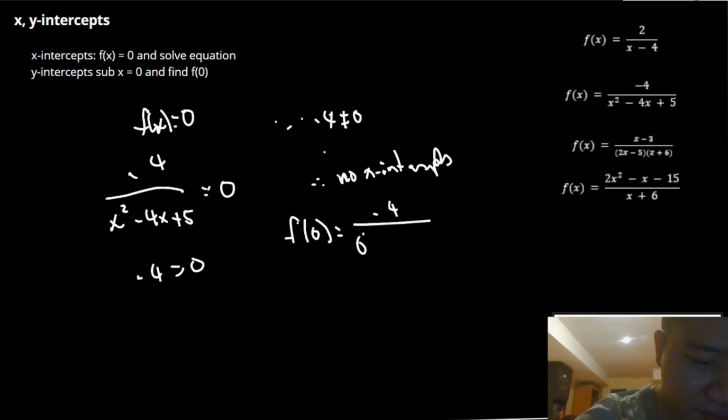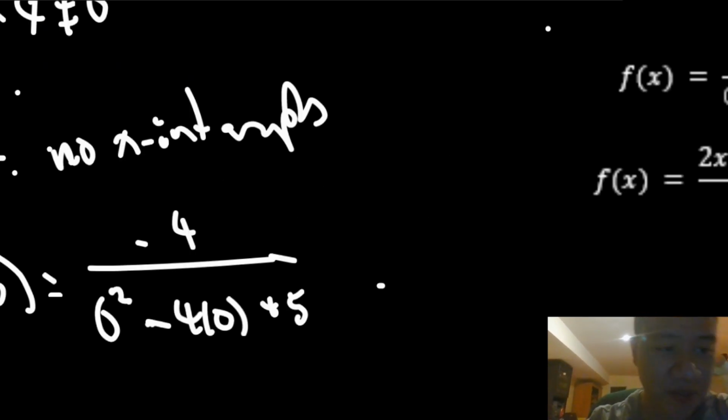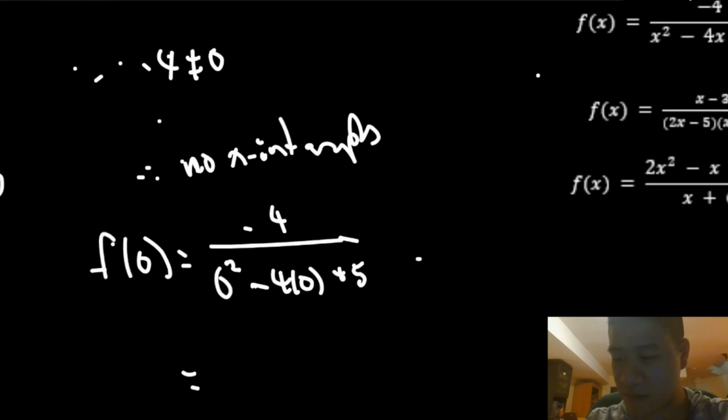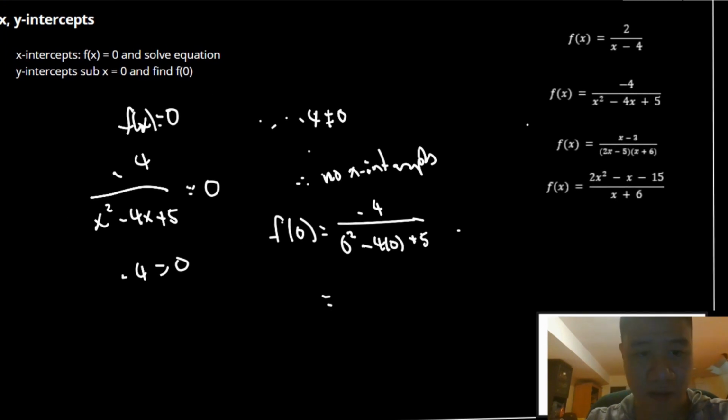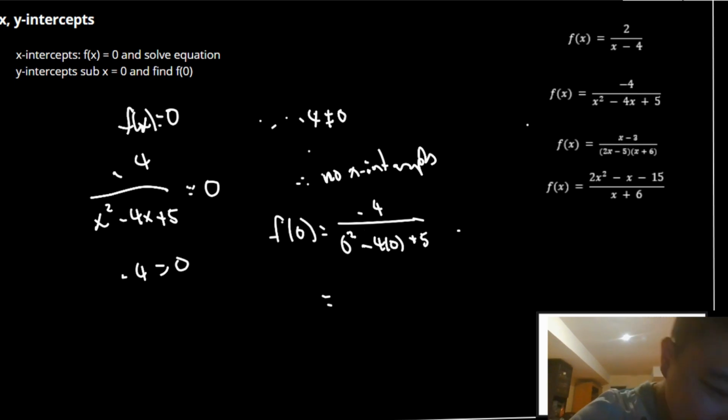We have 0 squared minus 4 times 0 plus 5 in the denominator, and we get negative 4 over 5. So that means our y-intercept is going to be at negative 4 over 5.